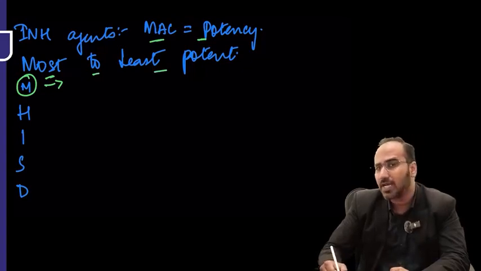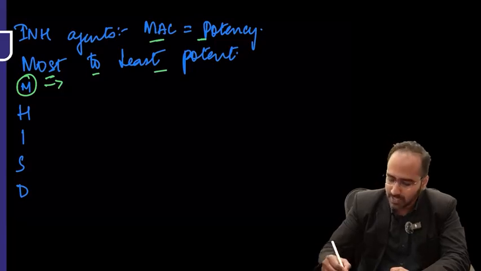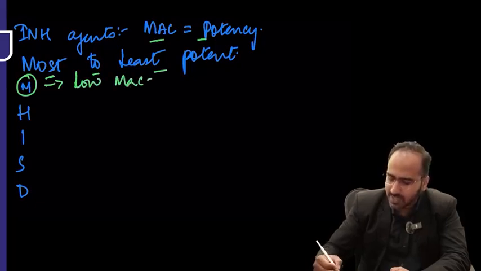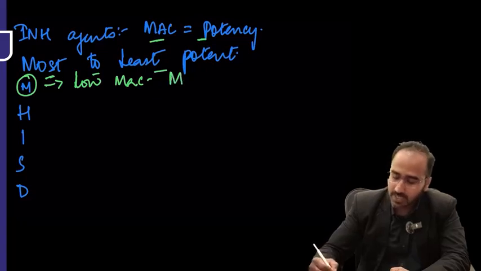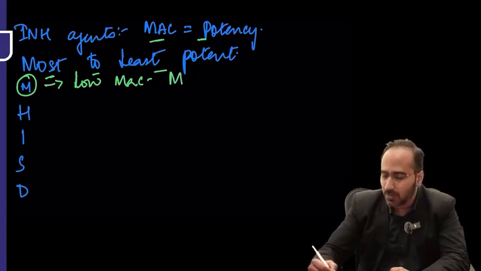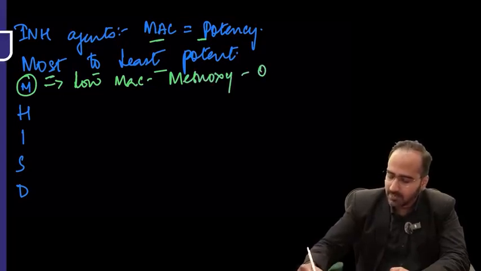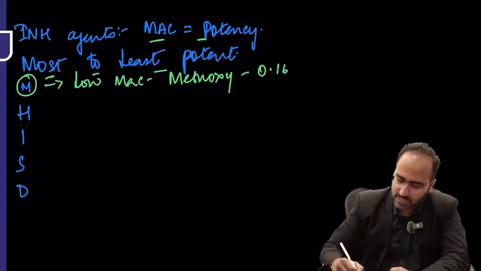Most potent means low MAC. So the most potent agent, having a low MAC value, is methoxyflurane, with a MAC value of 0.16.